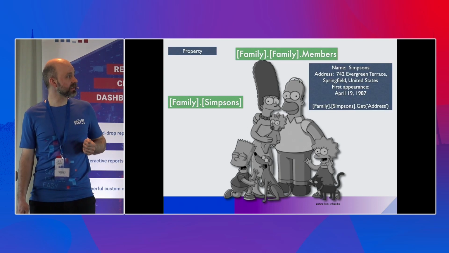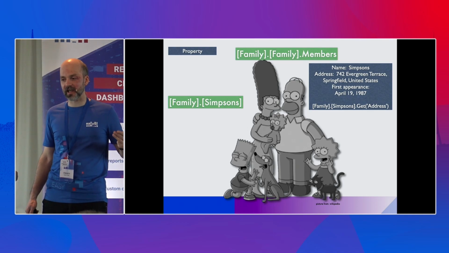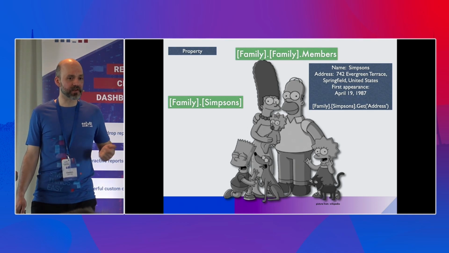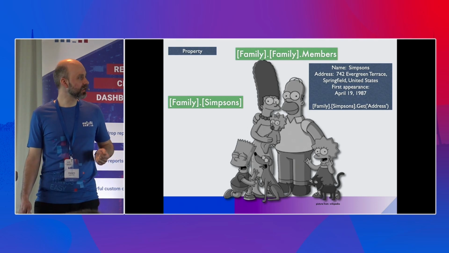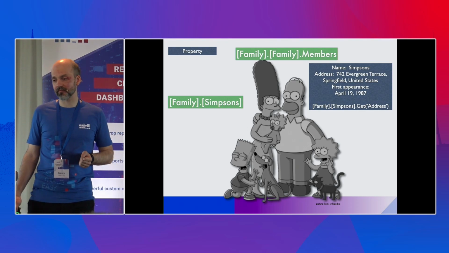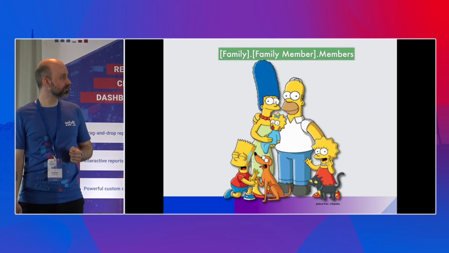This family Simpsons, as a member, has its own properties. It has its name, Simpsons. It has its address. It has its first appearance. And we can get those properties by addressing family, Simpsons, and get property name. But that's family.